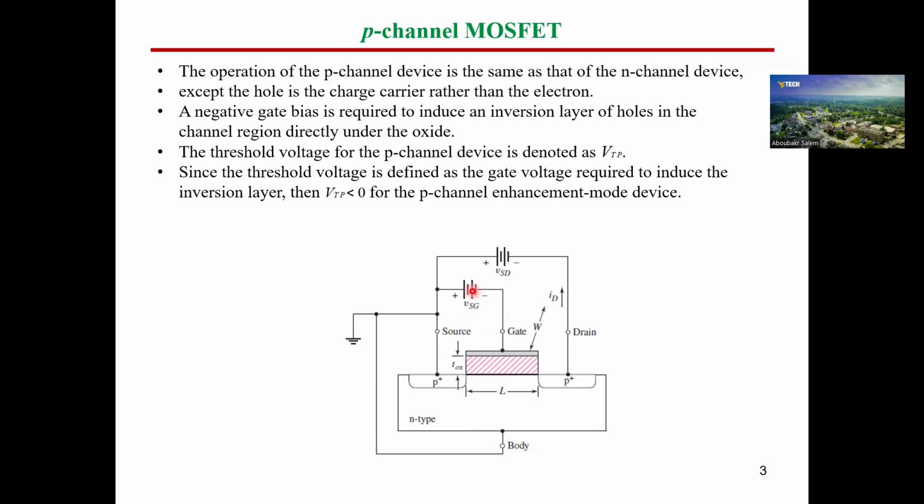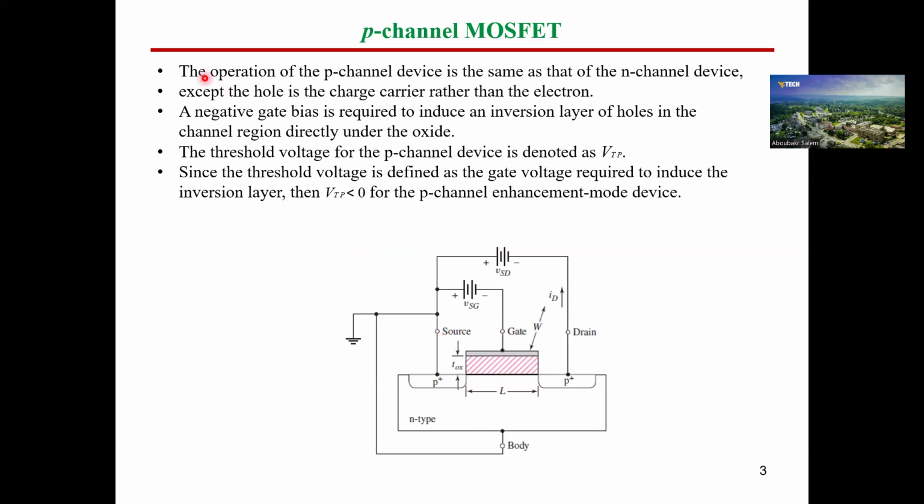The polarity of the gate is negative. So this will attract the holes to come to this place. For that, there will be a P channel in the N-type semiconductor material. So the channel here will be P. For that, we call it P channel. So this is the difference between the N-channel and P-channel MOSFET.